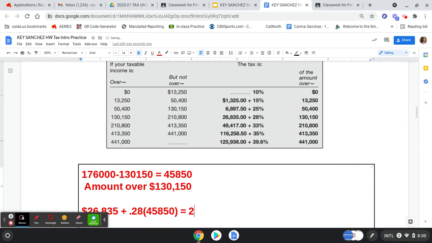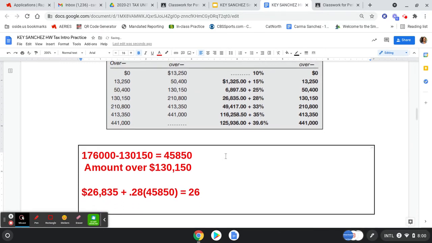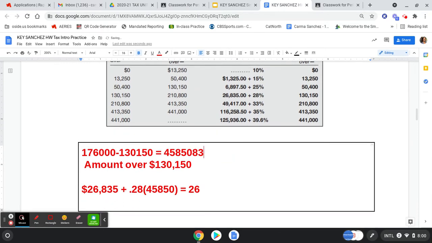So it's going to be 26,835 plus 28% of 45,850. Now grab your calculators and do this multiply before we add. Do 0.28 times 45,850, and I'm getting 12,838.